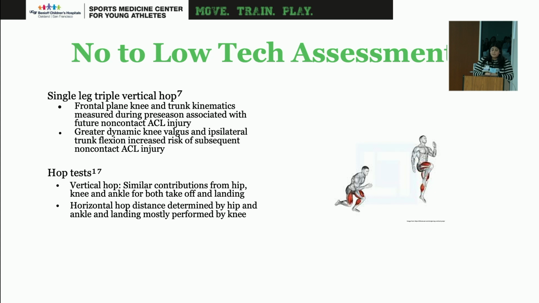Based off of this study, they found that the vertical hop test has similar contributions from the hip, knee, and ankle for both the takeoff and the landing, whereas if we're testing horizontally, horizontal hop distance was determined by the hip and the ankle primarily, and the landing was mostly performed by the knee.